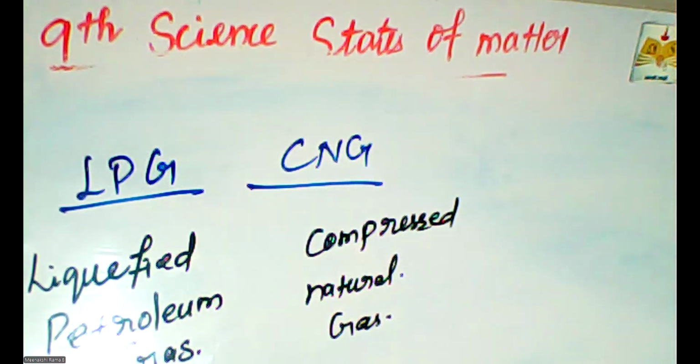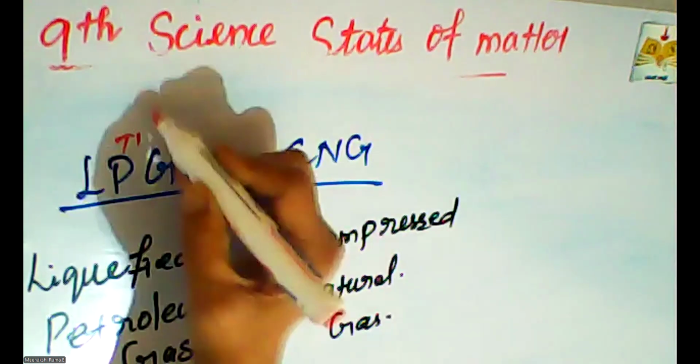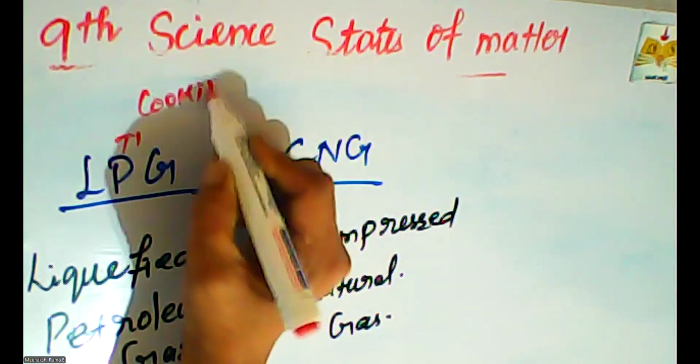Without LPG, we can't prepare food nowadays. Our mother prepares our lunch and breakfast within an hour. How is it possible? With the help of LPG. So LPG is used for cooking purposes.